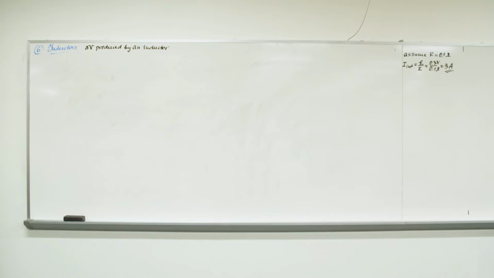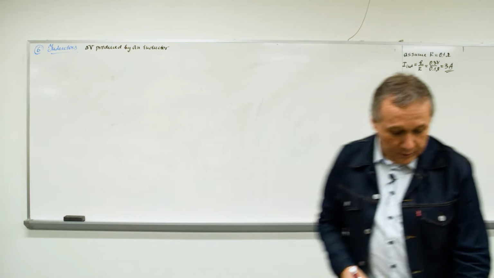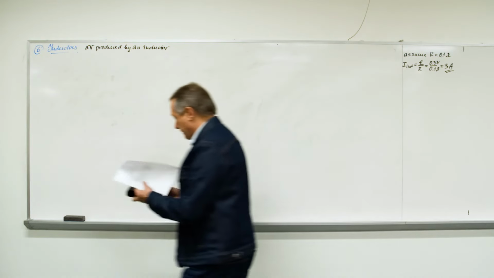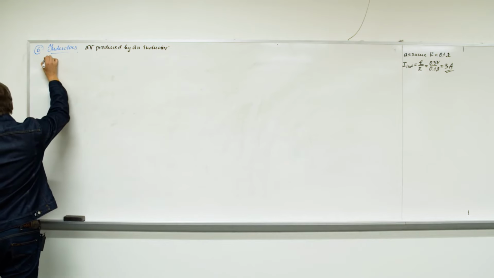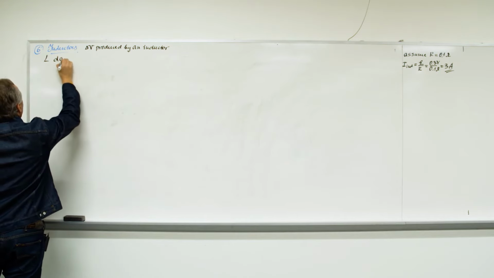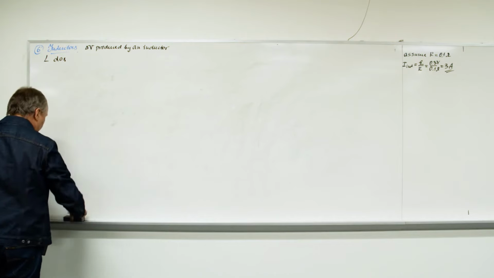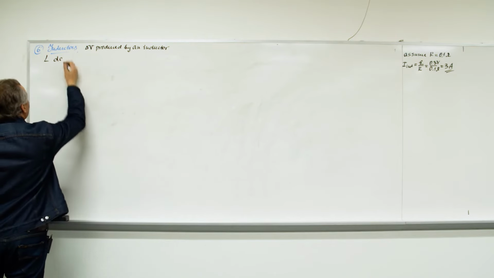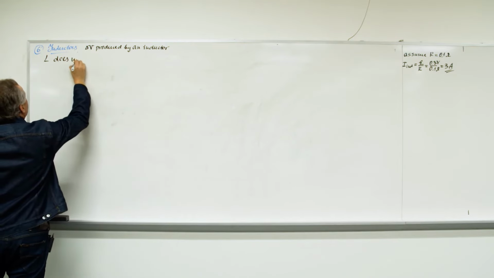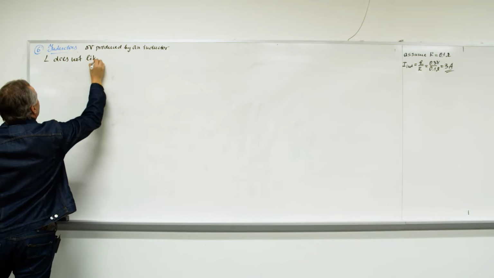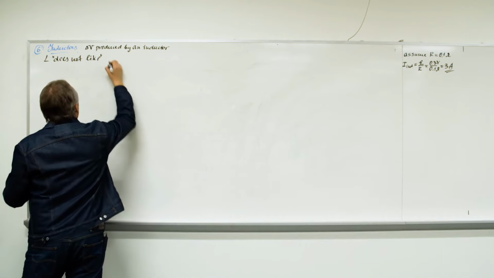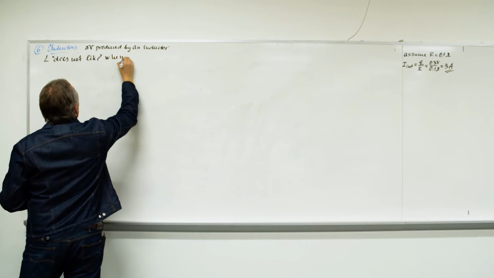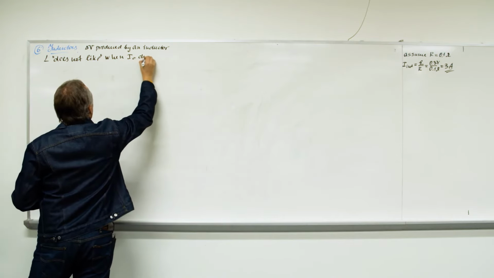Now let me draw some diagrams and show that on the pictures. Again, the philosophical idea: L does not like, let me put it in quotes, when the original current I naught changes.